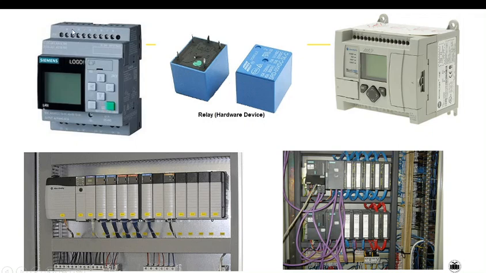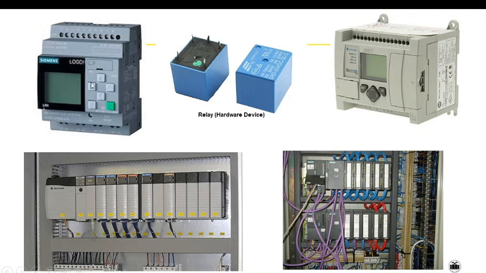You just remember that in these input and output cards, the relays are internally connected in the PLCs. We are going to see how these relays are there whenever we see the input and output modules. So just remember what the PLC relay looks like.